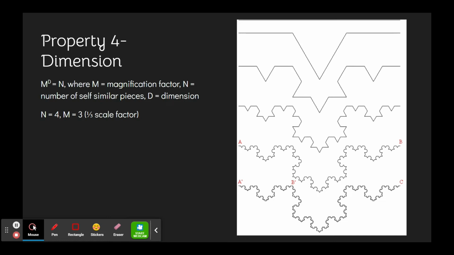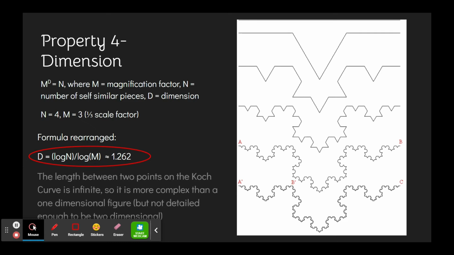In this case, there are 4 self-similar pieces created every iteration, and the magnification factor is 3, because the scale factor is 1/3. The formula rearranged is shown here, and we can find that the dimension is between 1 and 2, 1.262. This shows that the length between 2 points on the Koch curve is infinite, so it is more complex than a one-dimensional figure, but not detailed enough to be two-dimensional.